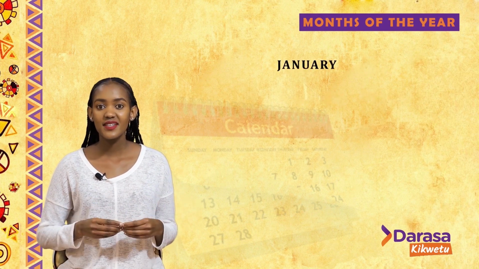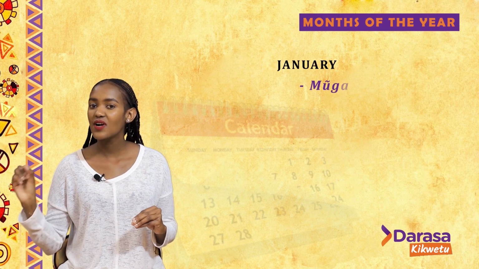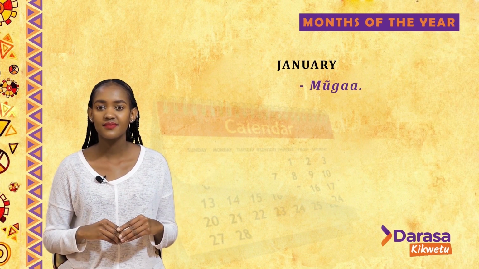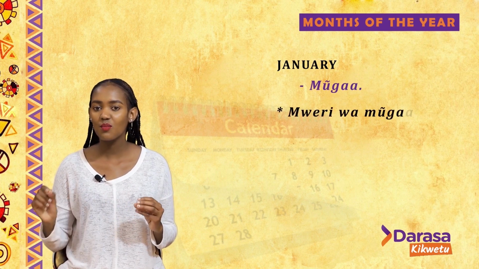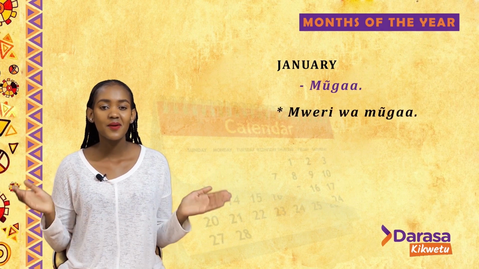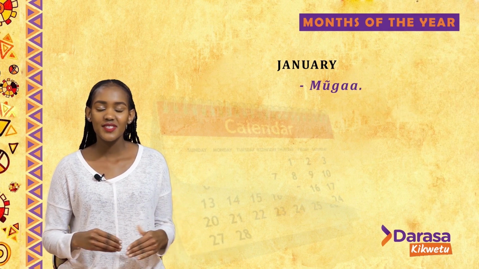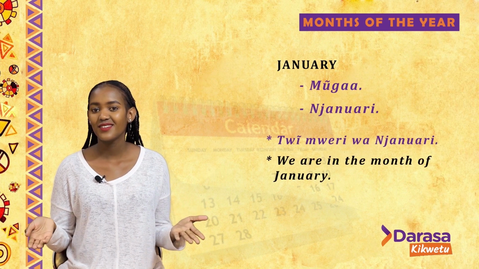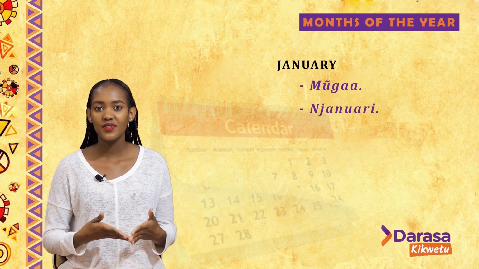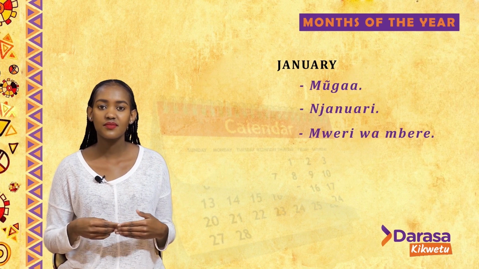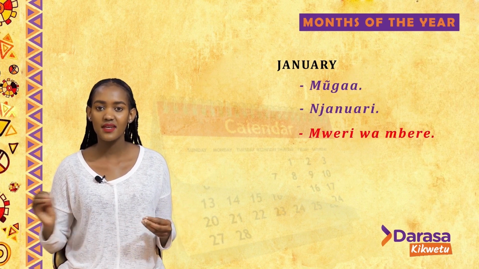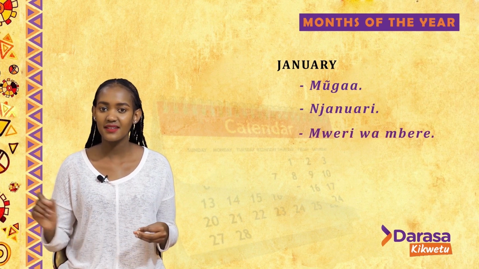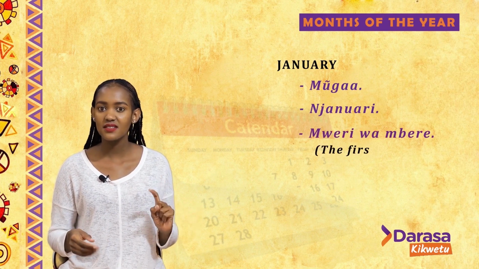So January again is Muga. Mweri wa Muga. But then we always say January. So Mweri wa January, which is English, or Mweri wa Bere, which means the first month.